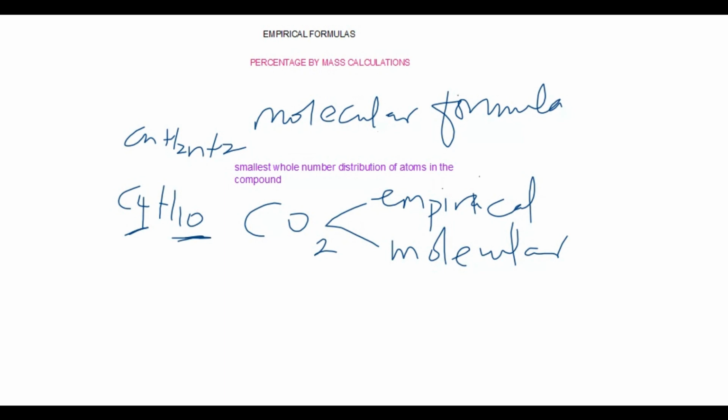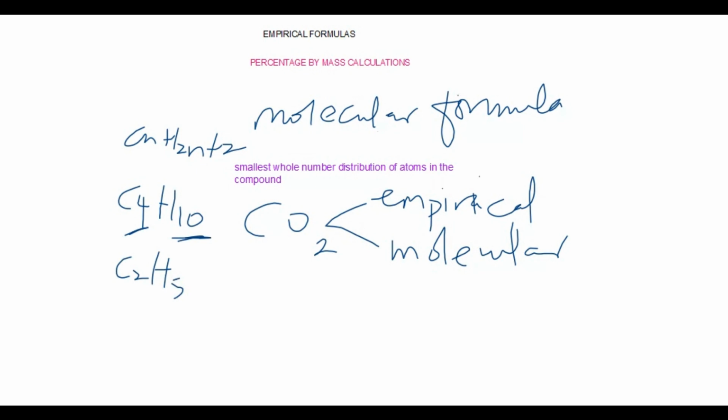On a quick look, we can see that 2 would be a good factor to use for our division. 2 goes into 4 twice, so we have C2. Then 2 goes into 10 5 times, so C2H5. That's going to be the empirical formula for butane.